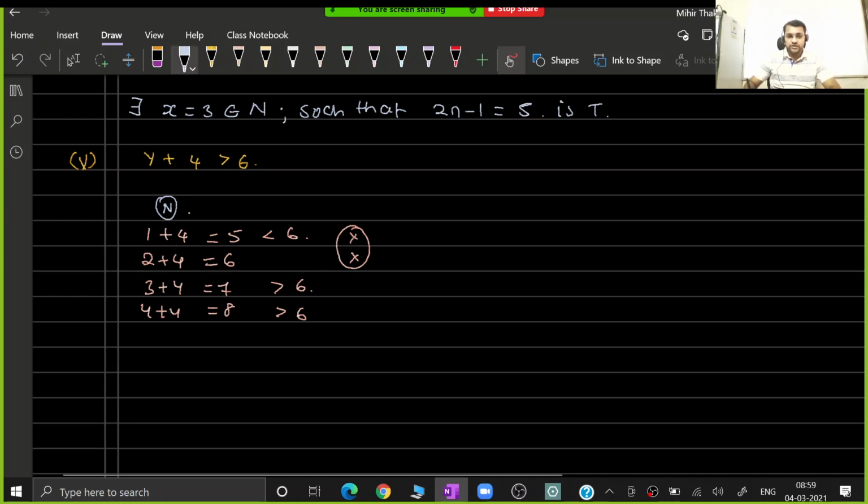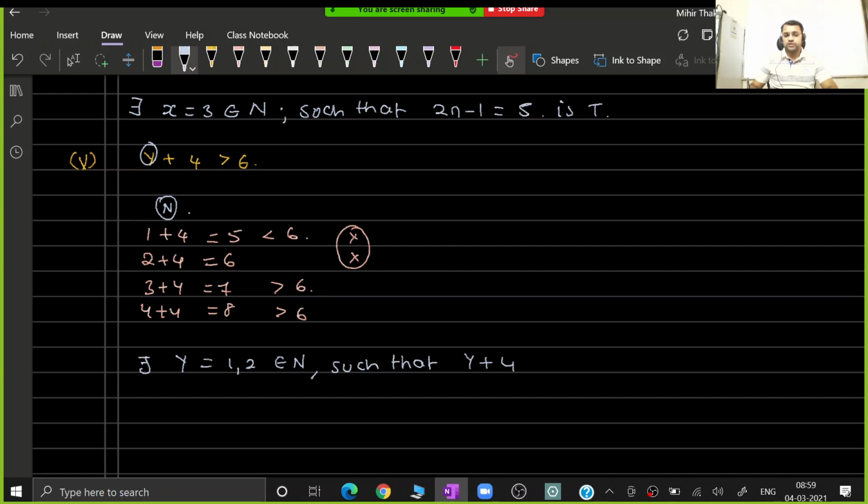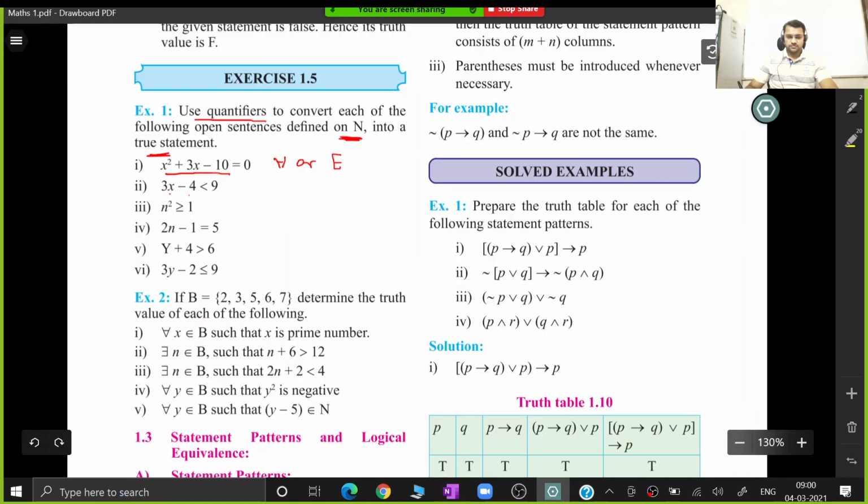So I will say over here: there exists y equal to 1, 2 belonging to N such that y plus 4 is greater than 6 is a true statement. We should not write x, sorry, we take y over here because the given variable is y in the question.